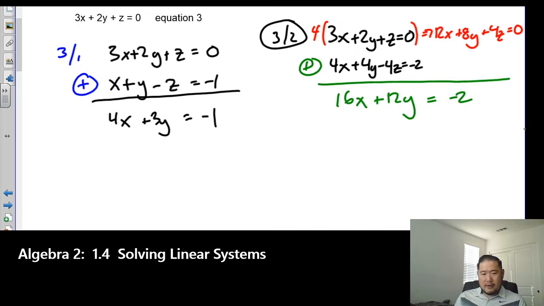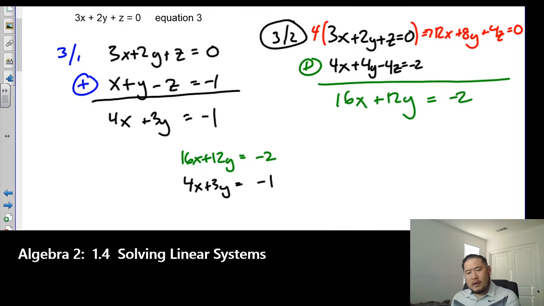So I'm going to take 16x plus 12y is equal to negative 2. And then down below, 4x plus 3y is equal to negative 1. And so we got to think, well, which variable do we want to get rid of? Okay, it doesn't matter.